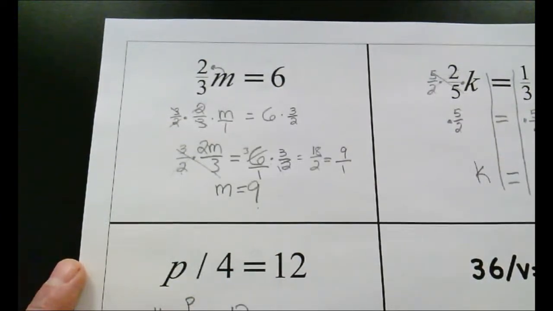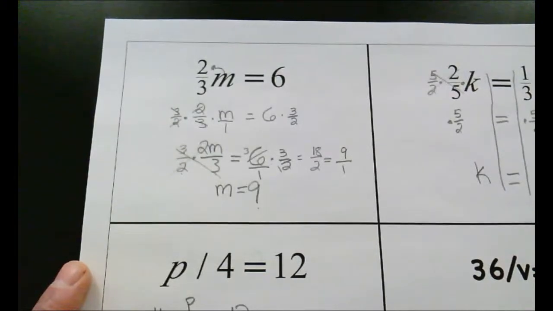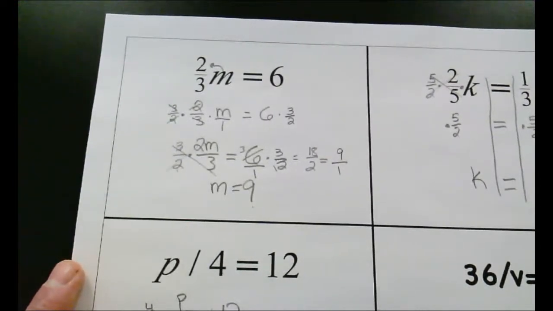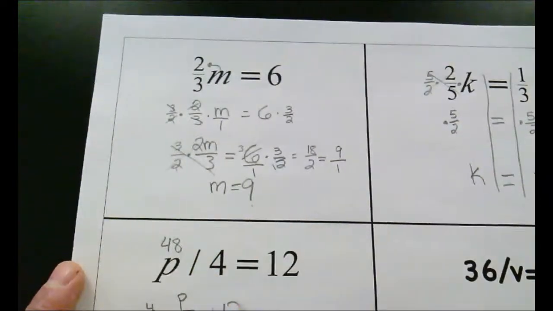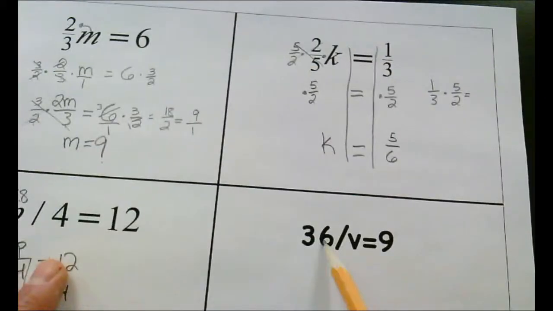These cancel, and I isolate p to be p equals 48. 12 times 4 is 48. Plug it back in, make sure it makes sense. Is 48 divided by 4? You get 12.